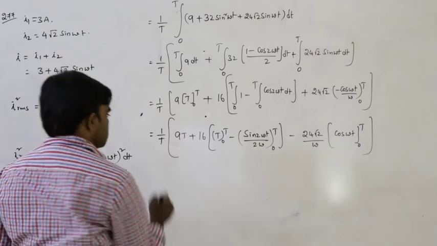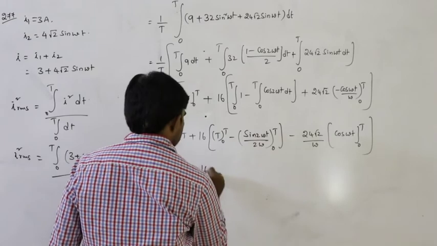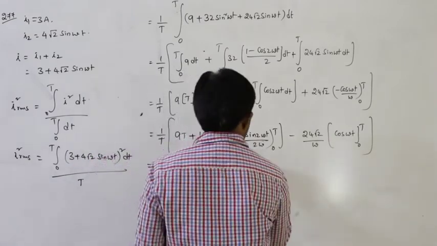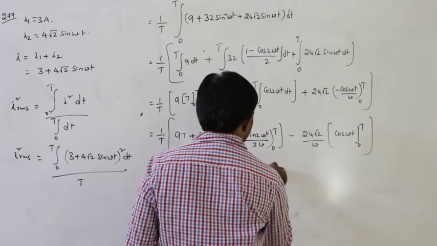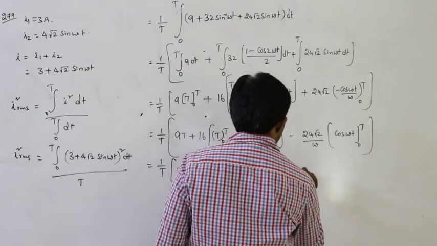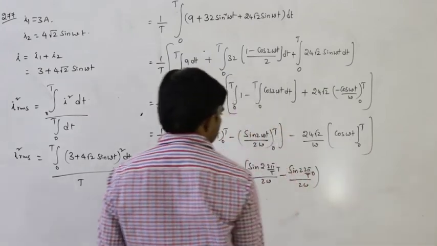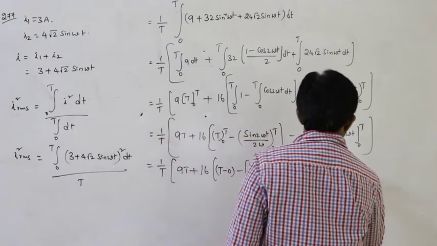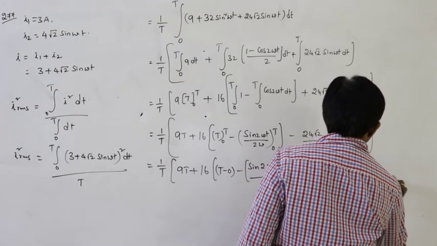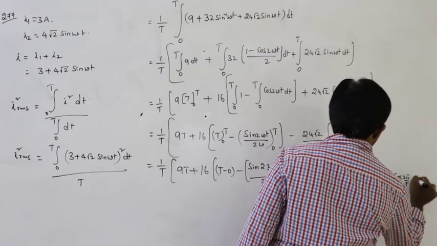So we have to do this much: 1 by T into 90 plus 16 into T minus 0, minus sin of 2 omega, where omega is 2 pi by T, into T by 2 omega minus sin 2 into 2 pi by T into 0 by 2 omega, substituting upper limit minus lower limit, minus 24 root 2 by omega into cos of 2 pi by capital T into T minus cos of 2 pi by T into 0.